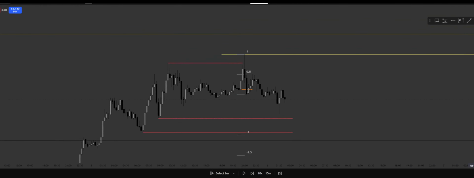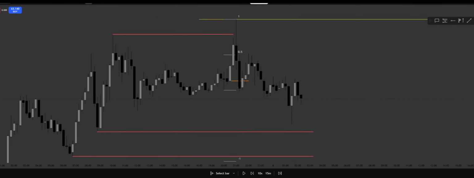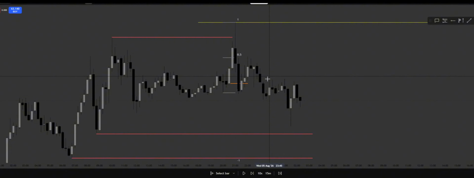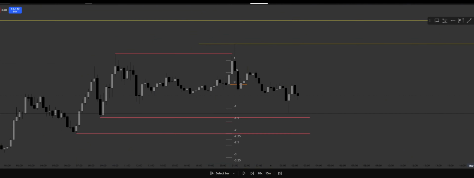Okay, so for me personally, in this example, what I would do then, because I'm only looking for a short pullback, we're heavily bullish, is anchor the fib from the highest candle body, and then go to the lowest candle body then. Okay, so this gives us our manipulation leg.